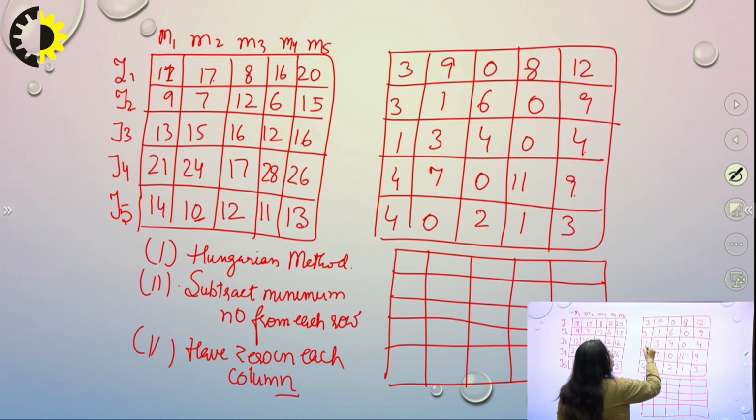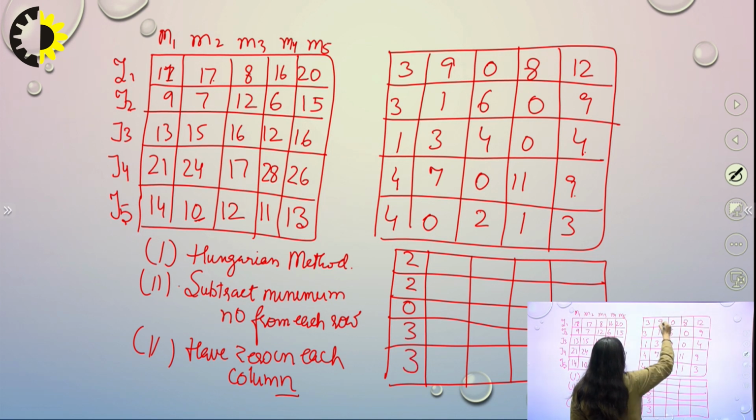For example, this is 1 minimum, so we will subtract, giving 2, 2, 0, 3, 3. Similarly, here 0 is there, so we will write it down, no need of subtracting the minimum.